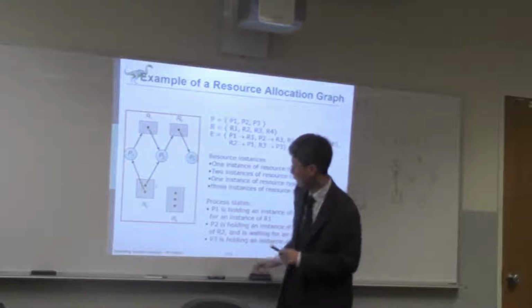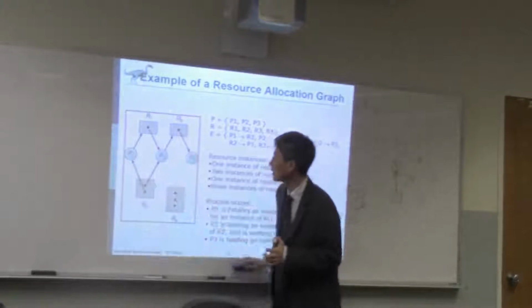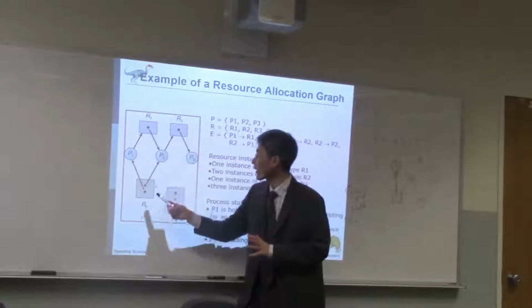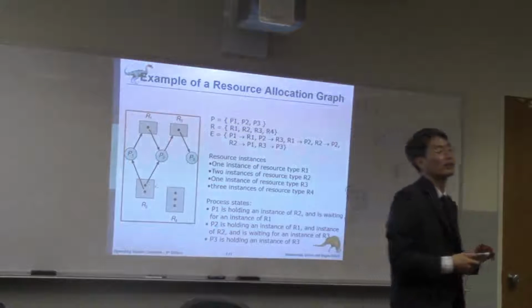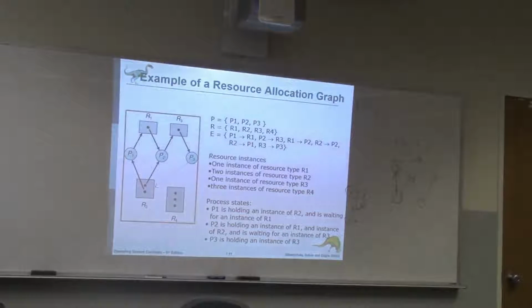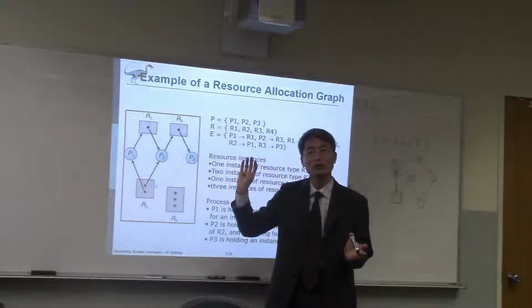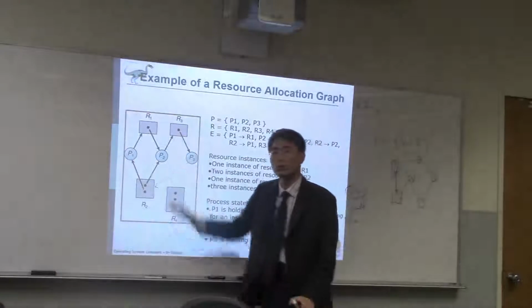What if this one? P3 is holding R3 and requesting R2. Is it a deadlock? We can check first mutual exclusion, right? It's a mutual exclusion, it's not shareable.